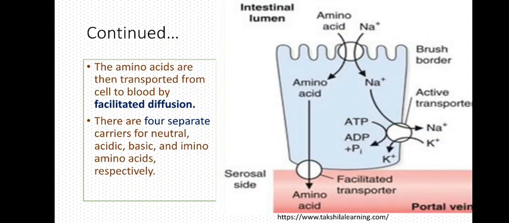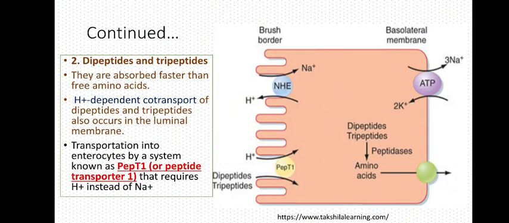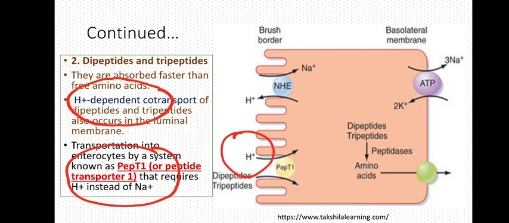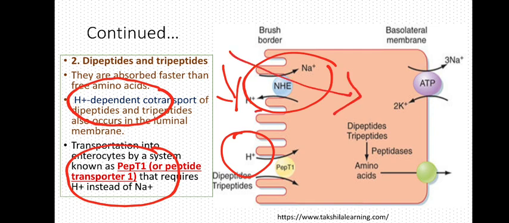Whereas when you come to the absorption of dipeptides and tripeptides, it is slightly different, because here proton is involved and that transporter is called peptide transporter 1. And here, to maintain this proton, in the beginning proton will be pumped out of the cell to the lumen, and this cannot be done easily. It should be done with the help of an antiporter, where for the number of protons pumped out, the same number of sodium are taken in. There will be excess of sodium here.